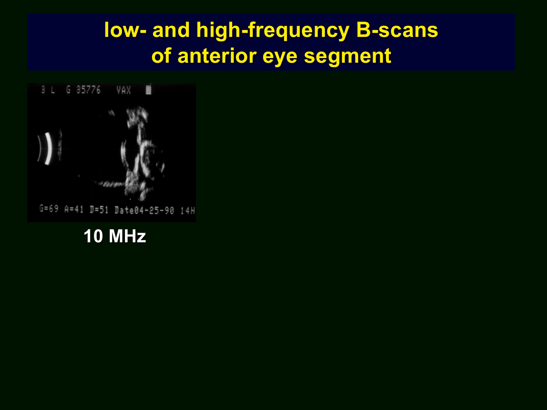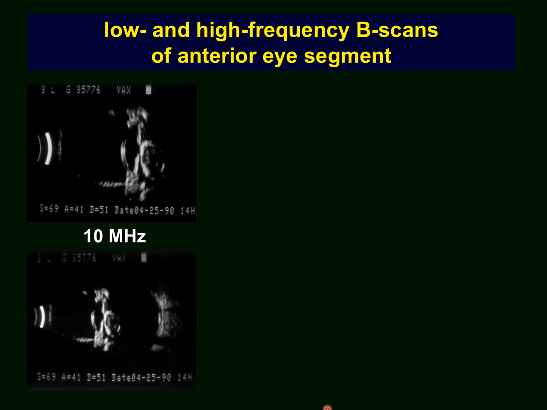And here immersion B-scan, showing the anterior segment of the eye with a subluxated lens. Here the cornea, anterior chamber, pupil, iris, and this is the fluid for the immersion. When one reduces the horizontal expansion, one can see the fundus in these eyes too.